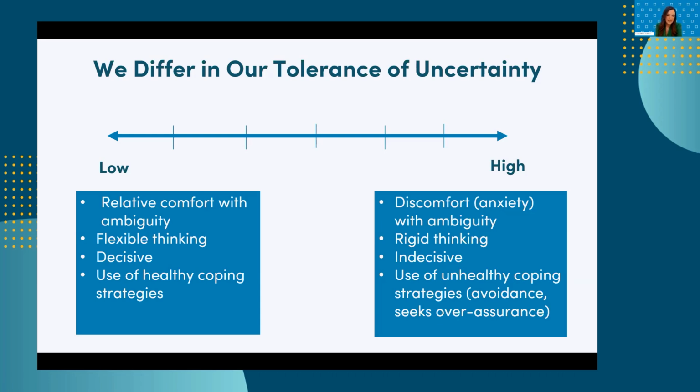Because unfortunately, the higher we are in this personality trait, we tend to have higher rates of anxiety and worry, especially about your health. Those individuals, right, who are really hypervigilant. We tend to see more engagement in some of these unhealthier coping strategies. You know what? I'm just going to avoid it. I don't want to make a decision. Maybe you are trying to get a lot of reassurance, maybe overly so.